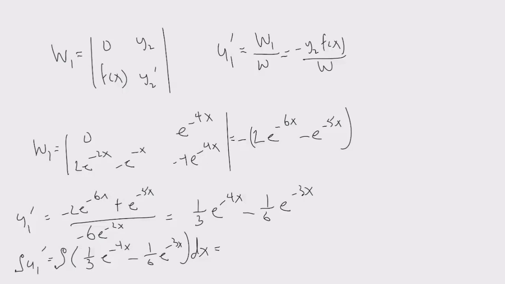We're going to have to use a u substitution to justify the exponents, but assuming we do that right, we should end up with something like negative 1/12 e to the negative 4x plus 1/18 e to the negative 3x. All right, so that's our first u1.